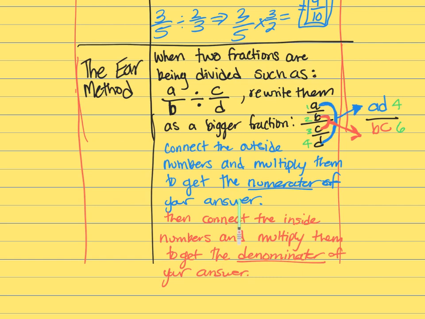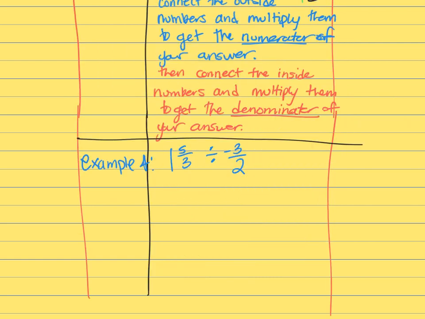All right, so example 4 has a mixed fraction divided by a negative improper fraction. So I have 2 and 1/3 divided by -3/2. So the first step is to turn this mixed number into an improper fraction.